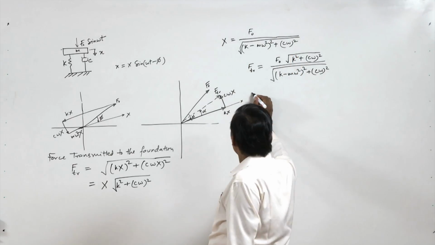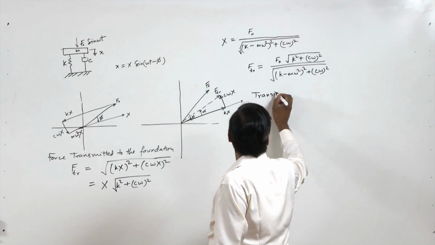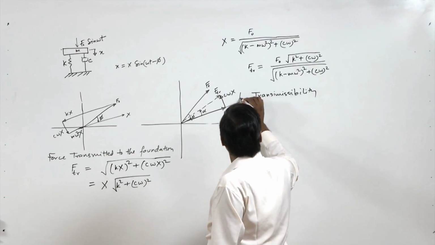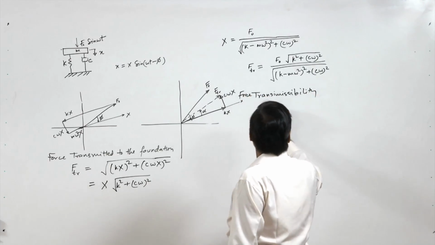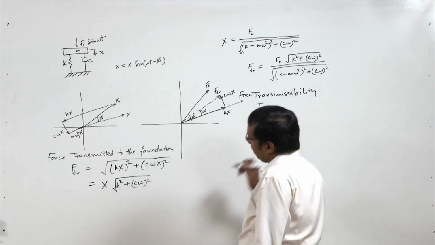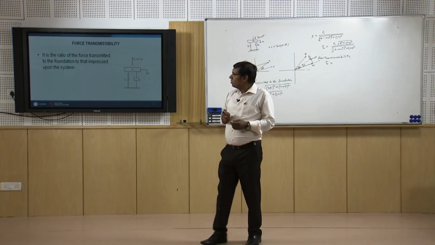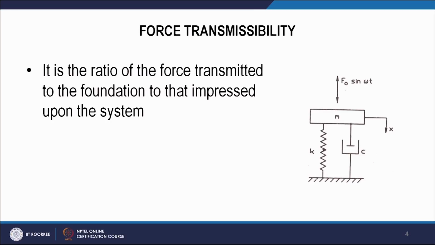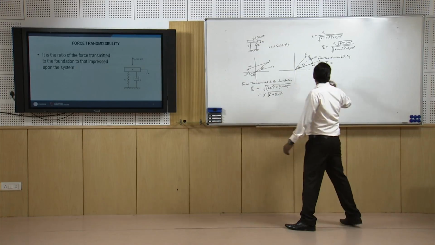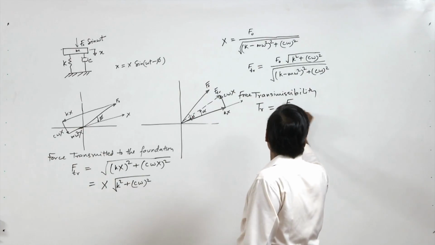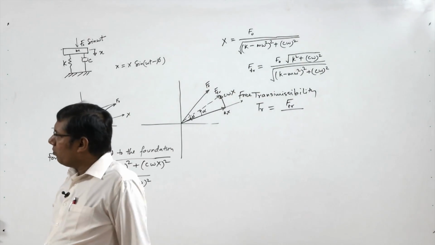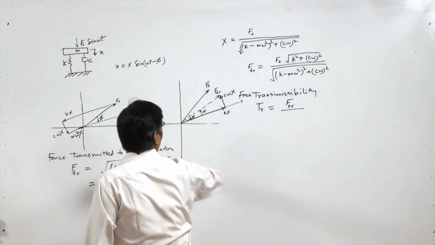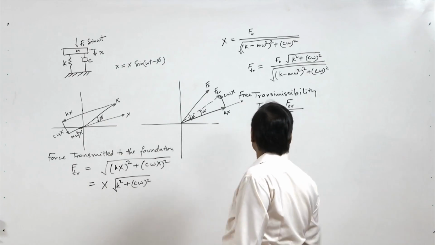Now as we say transmissibility, of course force transmissibility, TR equals the ratio of the force transmitted to the foundation, that is FTR, upon the force impressed upon the system. The impressed force is F0 sin omega t, so the amplitude is F0.